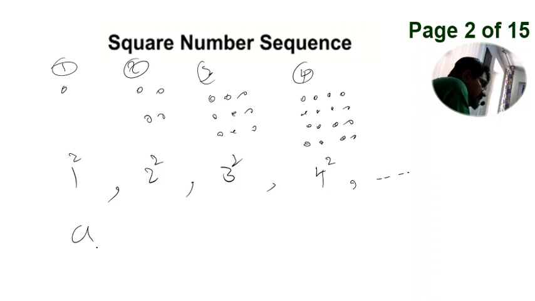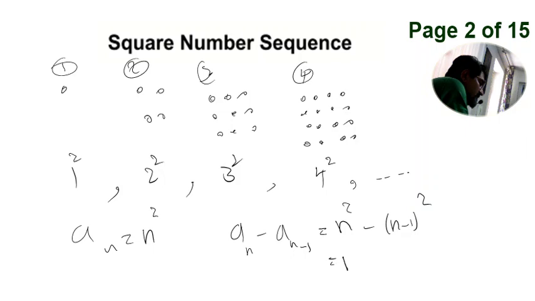That is an is n square. Okay, an minus an minus 1 is n square minus n minus 1 square.